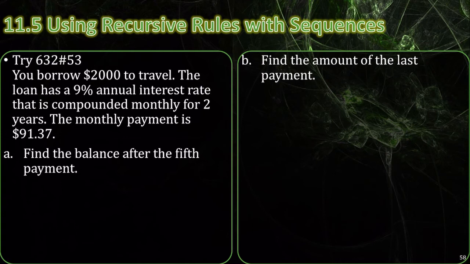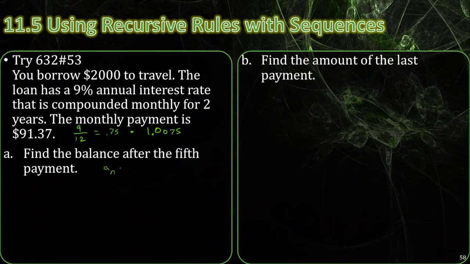Well, our interest rate is 9% annually compounded monthly. So every month it would be 9 divided by 12, or 0.75%, which means we're going to multiply by 0.0075, but we're going to make that a 1 so that we have what we had before and this extra interest.